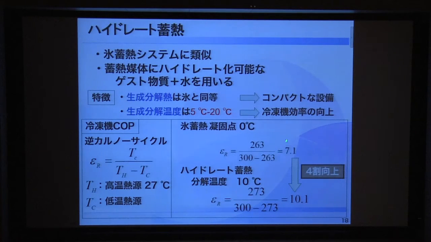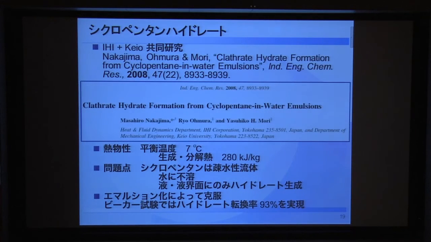COP for ice is around 7. If you replace the ice with hydrate, with a storage temperature of 10 degrees centigrade, COP increased to 10, so a 40% improvement. So this is the benefit of using hydrate.